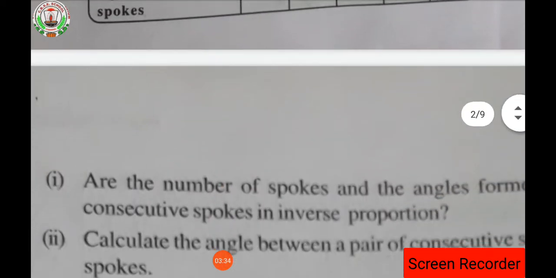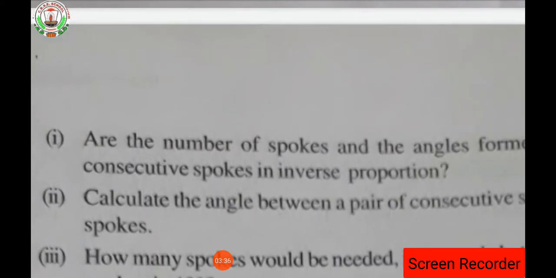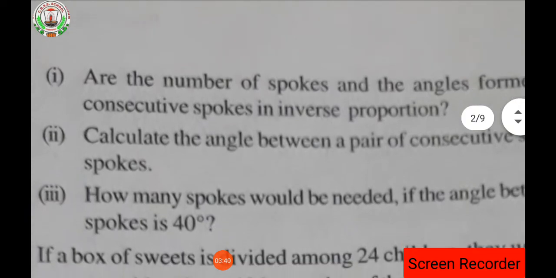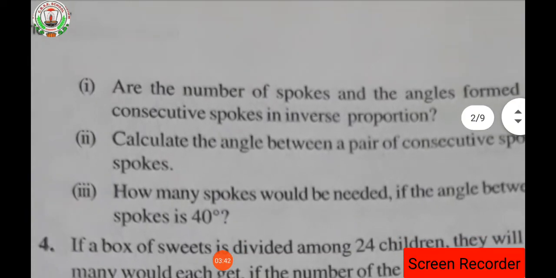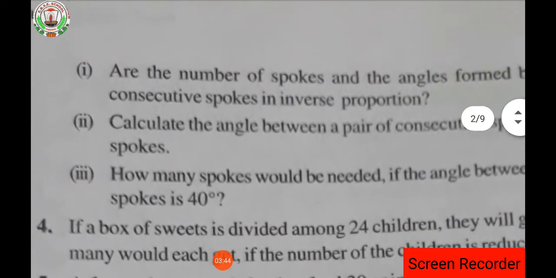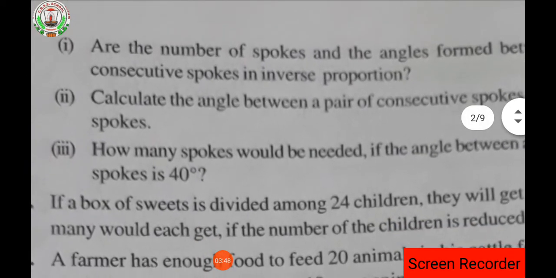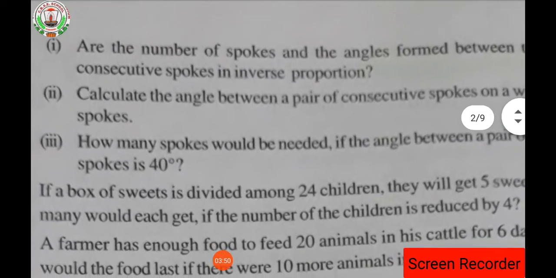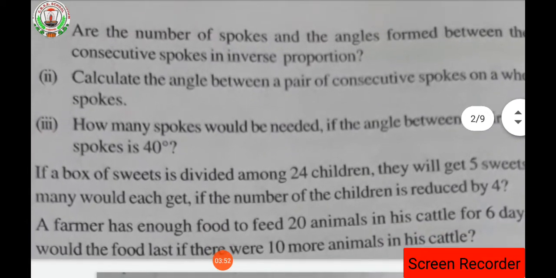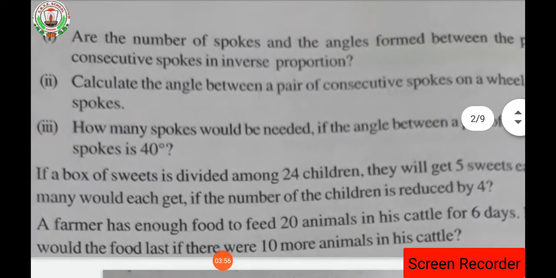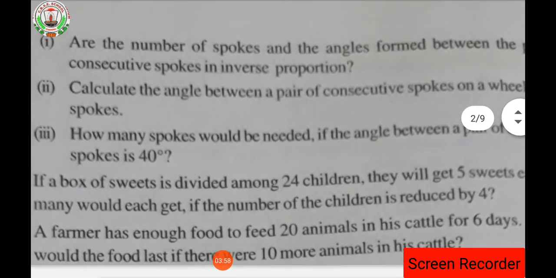Next question, in continuation of question number 3, asks whether the number of spokes and the angle formed between consecutive spokes are in inverse proportion. That means it is asking whether it is in inverse proportion or not. Next, second, it asks to calculate the angle between a pair of consecutive spokes on a wheel with 15 spokes. So here we are going to see the questions one by one while solving them.